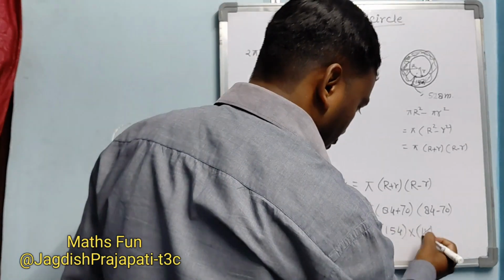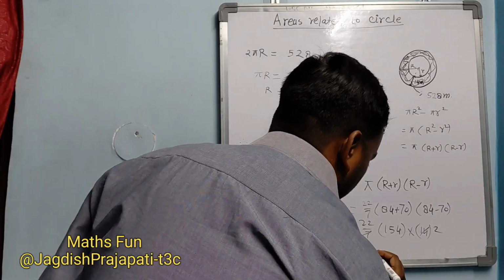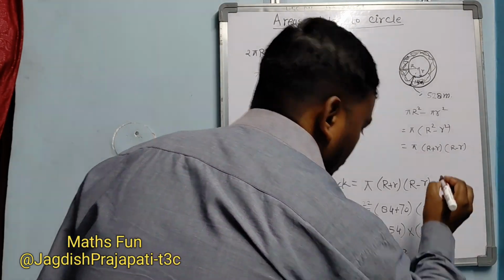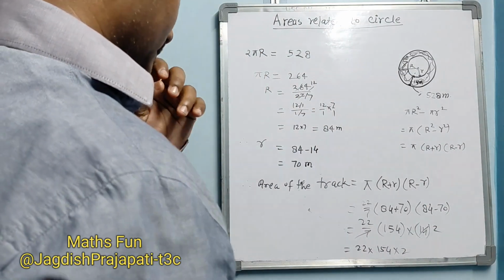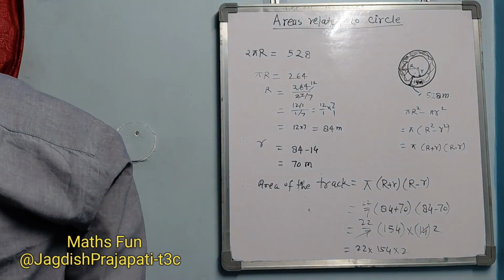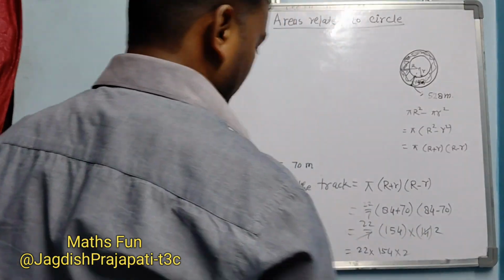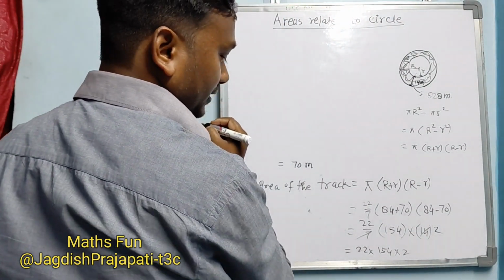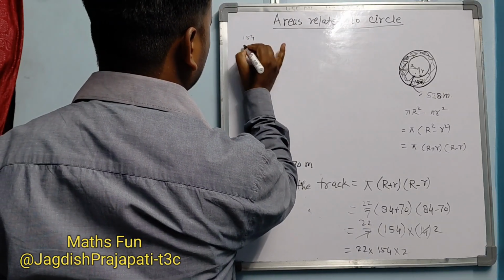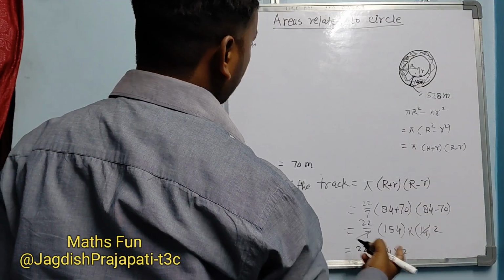So 7 twos are 14. This will be 22 into 154 into 2. So now multiply this. That will be 22 twos are 44.